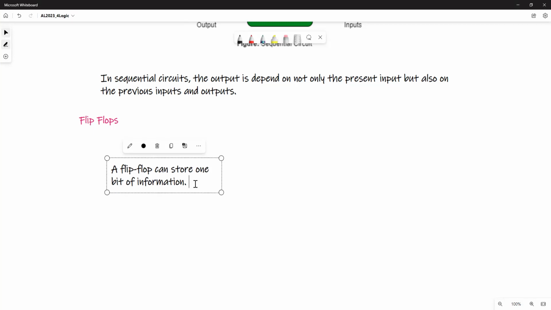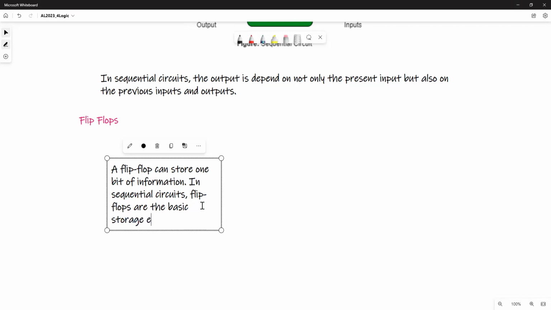In sequential circuits, flip-flops are the basic storage elements.